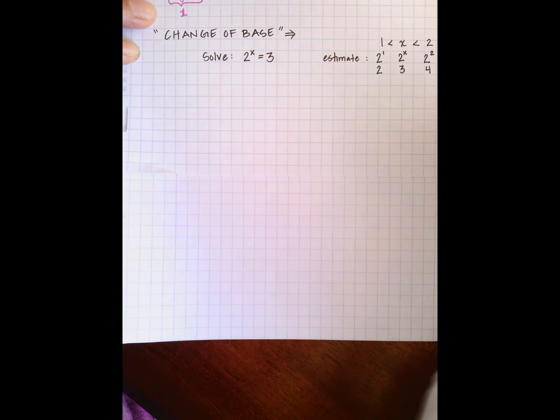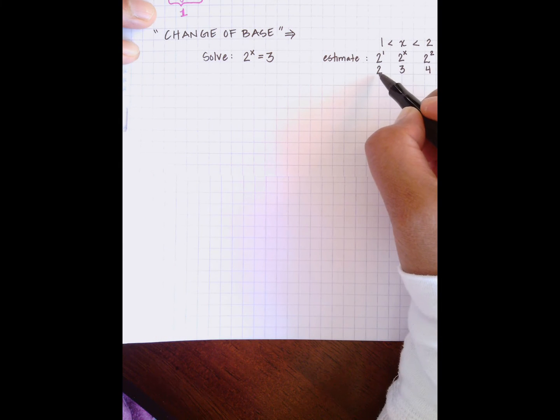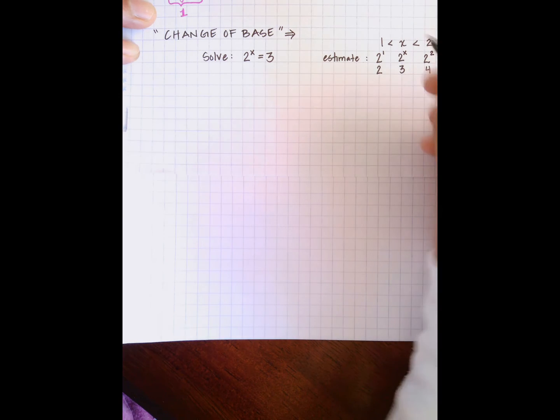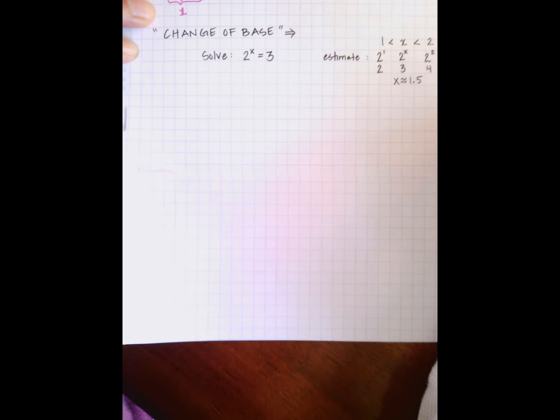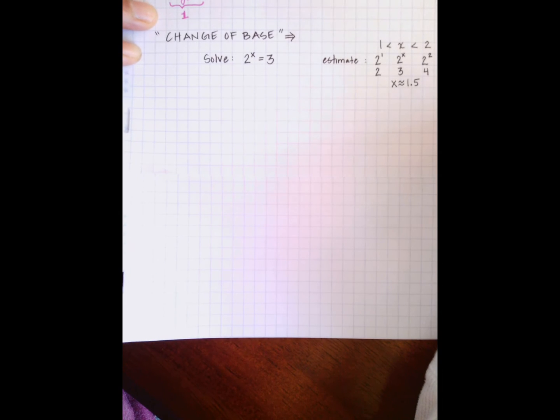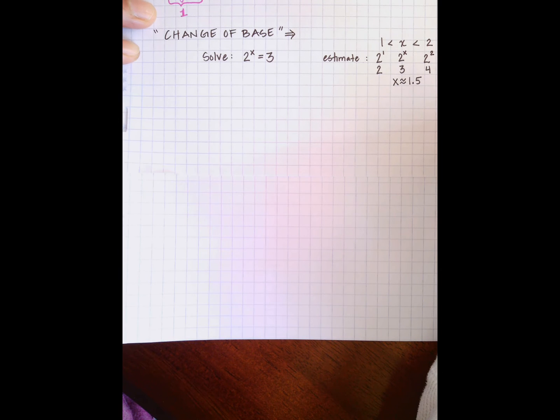We might guess that because 3 is right in the middle of 2 and 4, the exponent's value would be approximately 1.5. But using logarithms, we can actually find out the exact value.